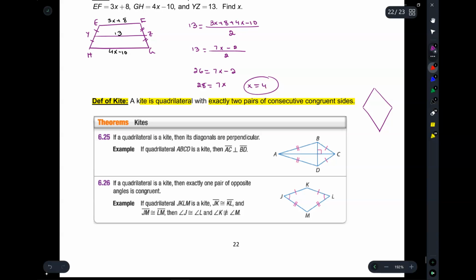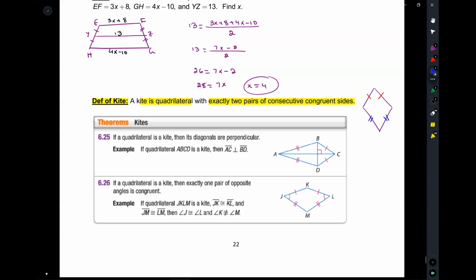Well, the thing is, it has two pairs of consecutive congruent sides. That means this one is congruent to its consecutive side, the one right over. This one is congruent to its consecutive side. And again, both of those pairs have to be congruent to each other, the reds and the blues.